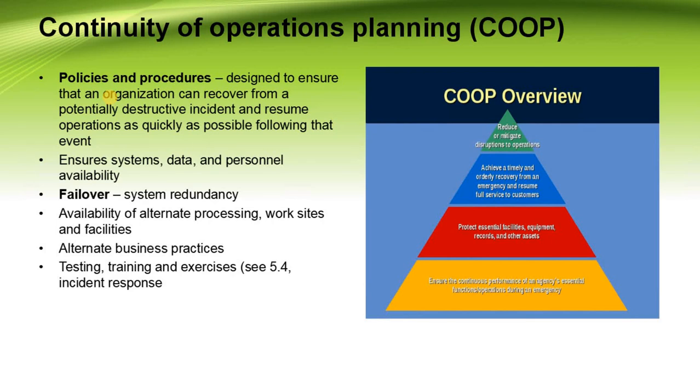Another consideration is the scale and volume of transactions to be processed while in the continuity mode of operations. Typically the volume is smaller, meaning that a smaller site can handle the continuity operations.